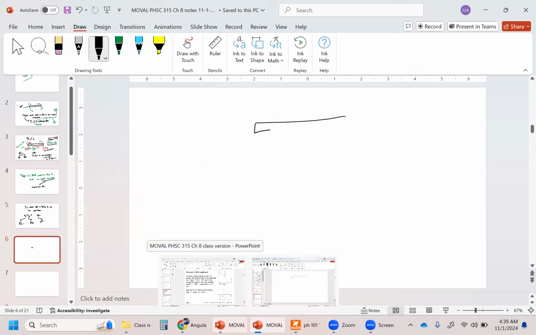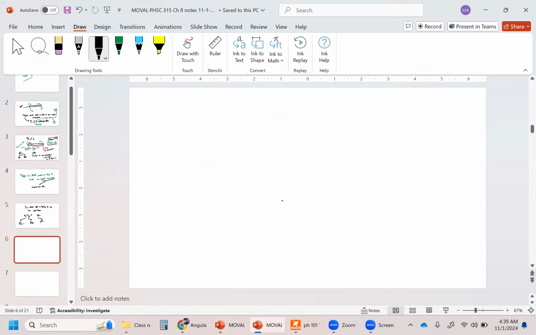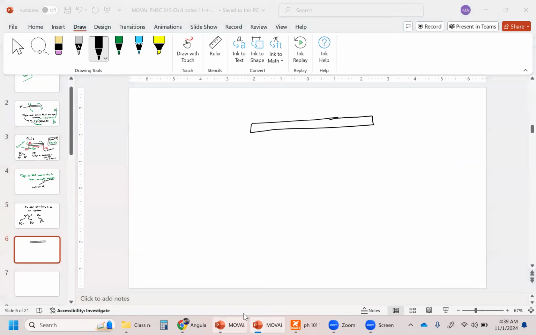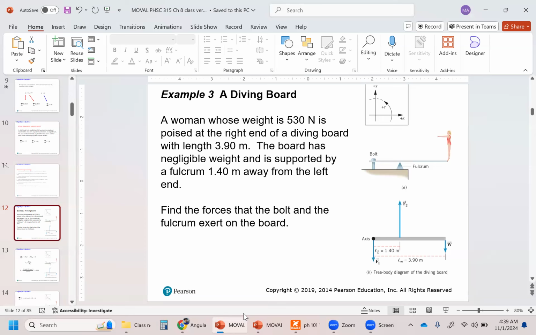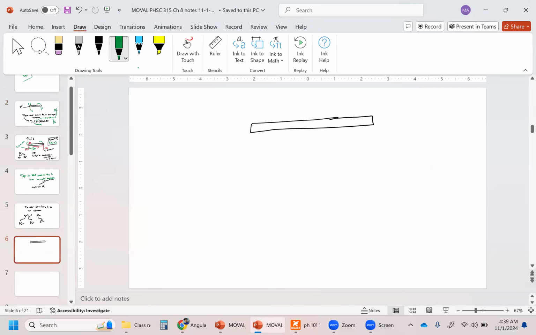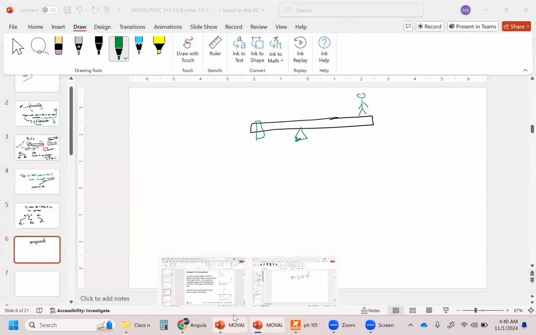So we got a diving board. You got a bolt right over here, and you got a little fulcrum right over here, a little thing so you can jump. And you got a person going over here that's about to jump down. Now, let me go ahead and get those numbers.